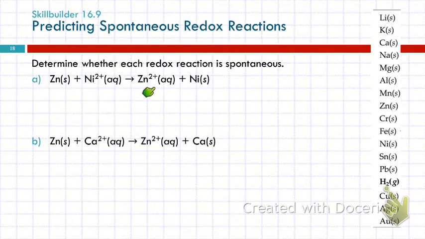So is this going to happen? Is zinc going to get the girl and nickel going to go home? We have to see who's cooler, right? So we look on the list. There's zinc, and nickel's down here. Zinc is cooler, more active than nickel. He's going to steal the girl. So this reaction will occur.